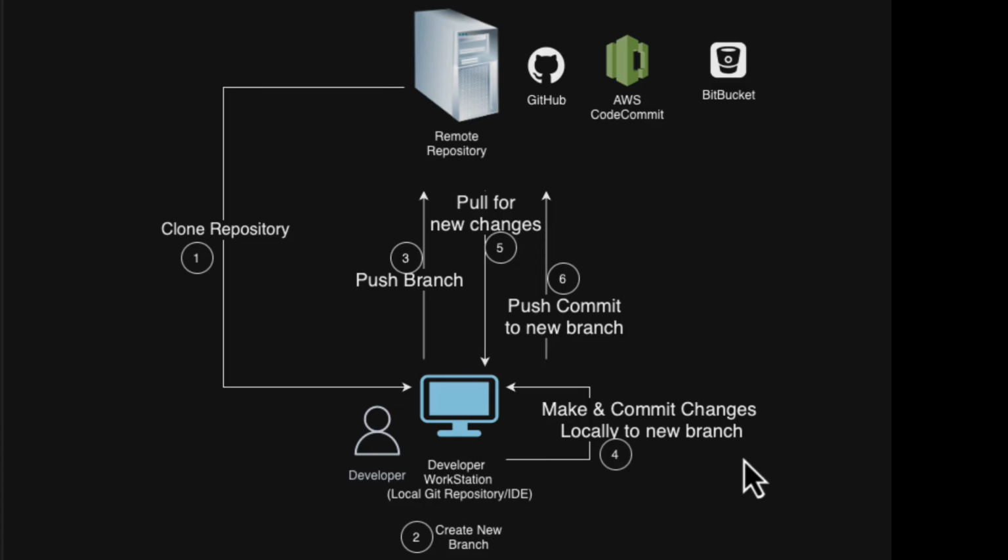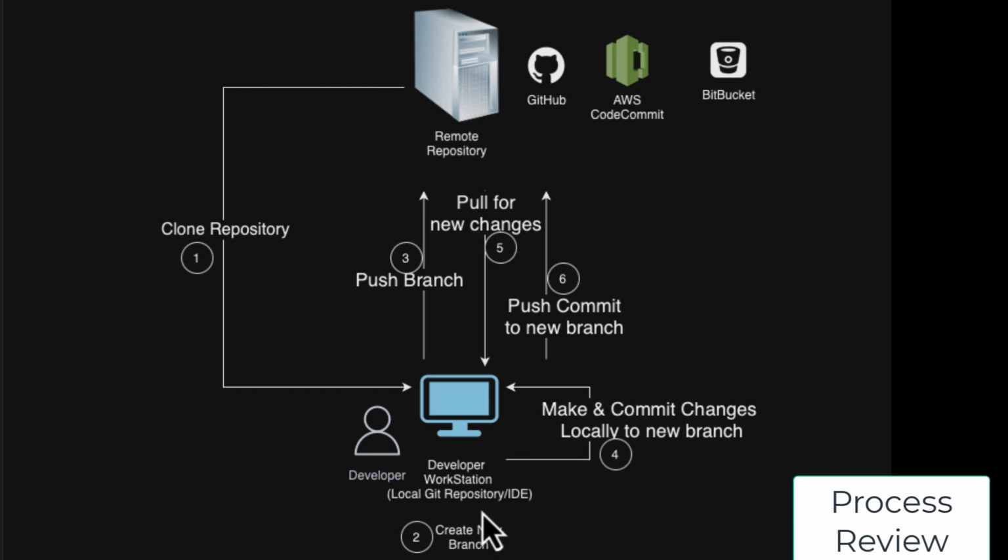Let's use a diagram to go over the process we have seen so far. So here is the developer's local workstation. Developer can choose to either work with Git command line or use a code editor tool like Visual Studio Code. There is the remote repository, and it could be GitHub, AWS CodeCommit, Bitbucket, or any other similar tool.